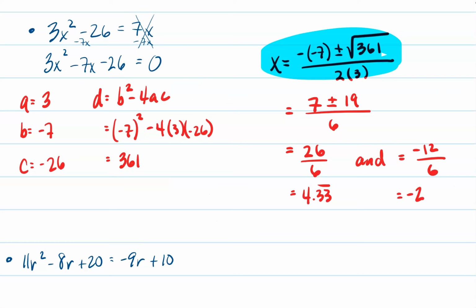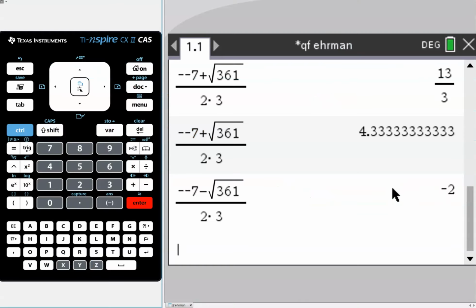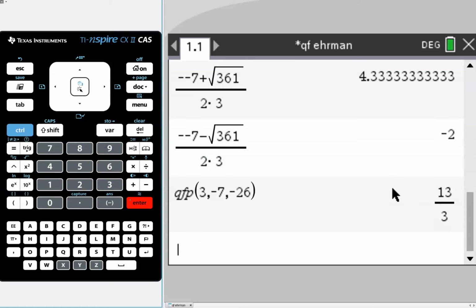So the answers that we got by hand end up agreeing with what we've got on the calculator, but let's go ahead and check what QFP and what QFM produces. So if I use Quadratic Formula plus, that program that we wrote in the calculator, with an A value of, what did we say, 3, a B value of negative 7, and a C value of negative 26, we end up getting that 13/3, or 4.3 result.